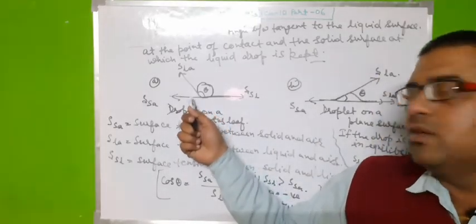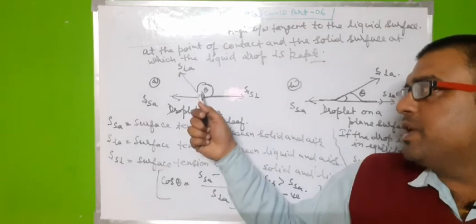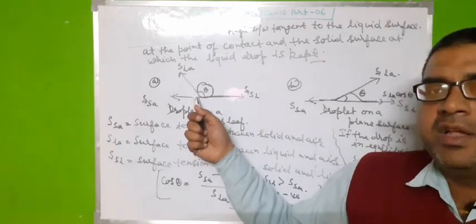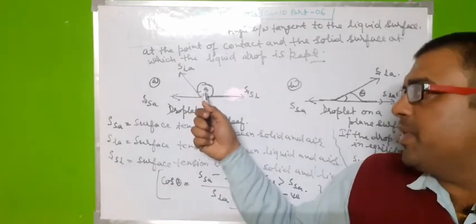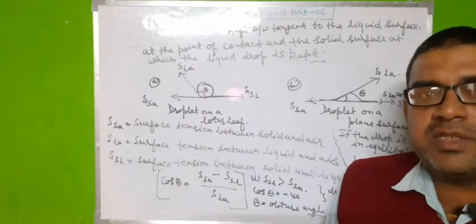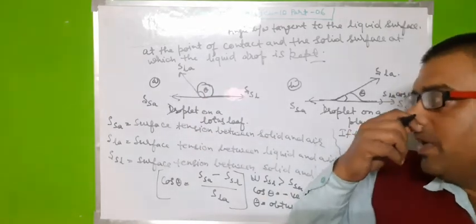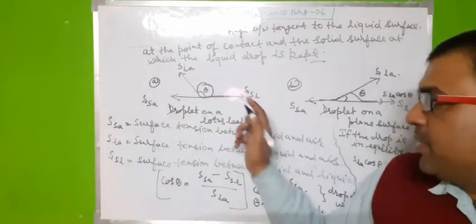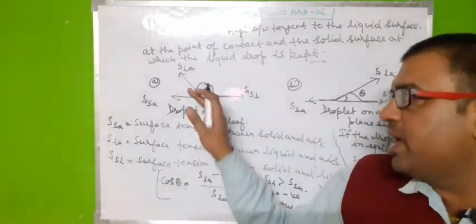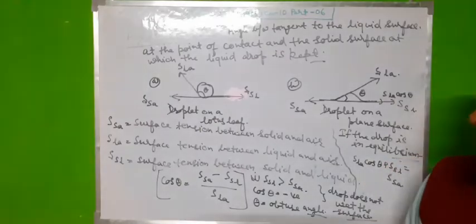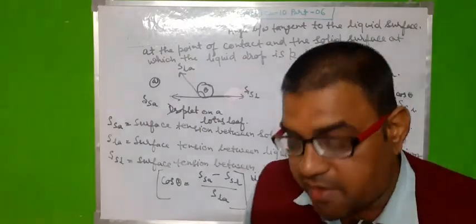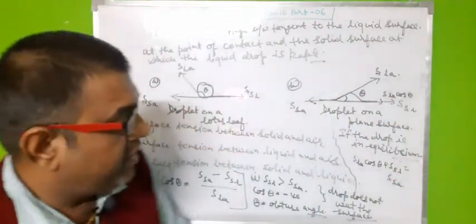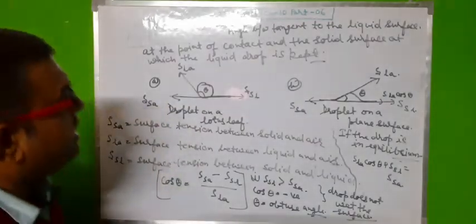Whatever force is experienced between solid and liquid is smaller as compared to the intermolecular forces between the liquid drop molecules, and for that it makes a circular shape, and it does not have the tendency to wet the surface.